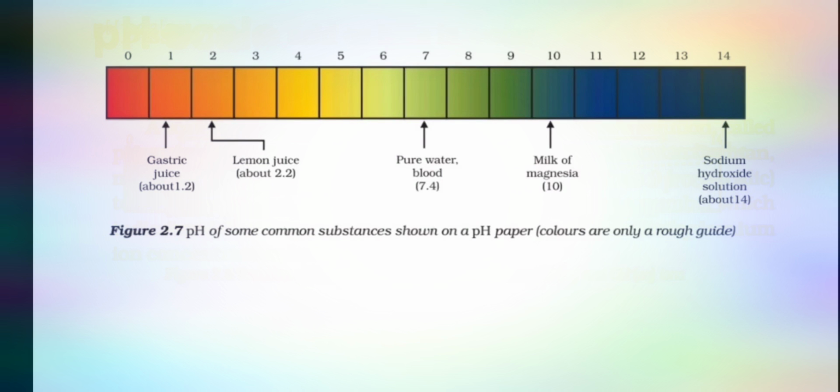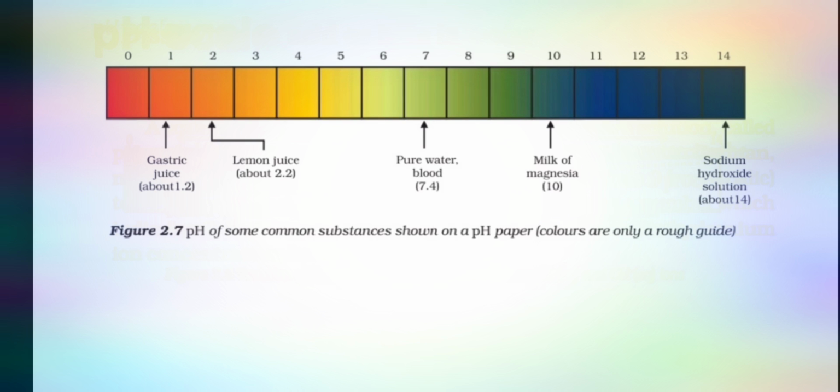Here you can see a pH paper. We can see gastric juice, lemon juice, pure water, milk of magnesia, and sodium hydroxide solution, with the pH value mentioned in brackets. For gastric juice, the pH value is up to 1.2, for lemon juice 2.2, for pure water 7.4, milk of magnesia is 10, and sodium hydroxide solution is about 14.